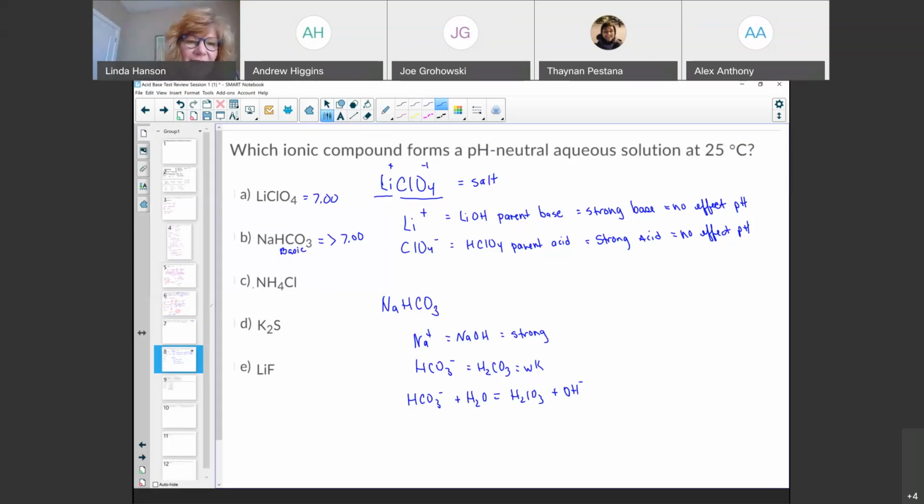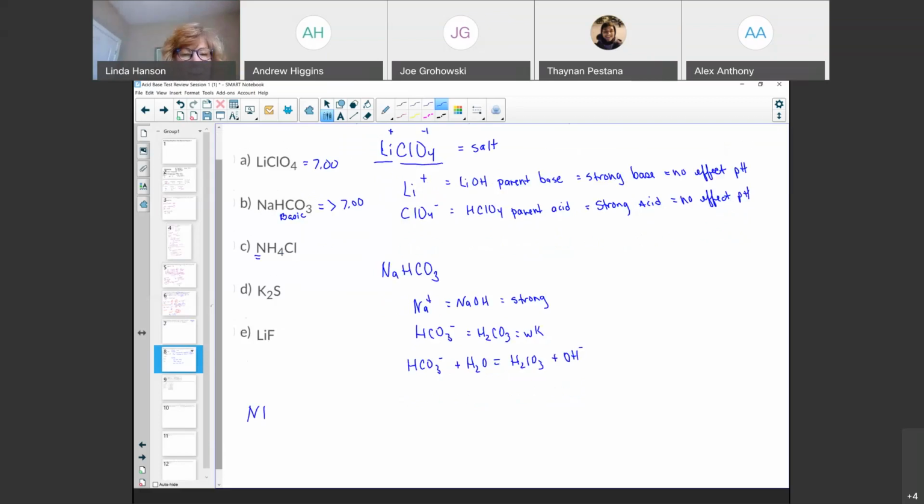Here you can see you have a nitrogen derivative for letter C. Letter C, ammonium is the cation and chloride is the anion. The parent base is weak. The parent acid is strong. When a cation undergoes hydrolysis, we know that it will be an acidic solution.